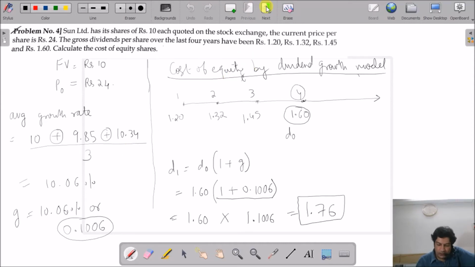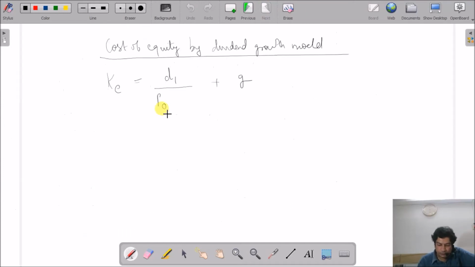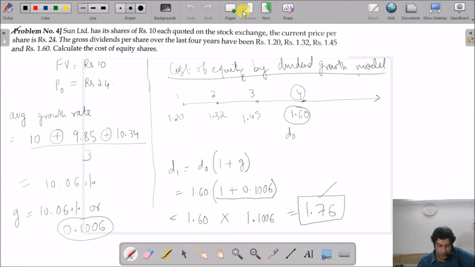So what we have is we want D1. So D1 is 1.76. Then we want the P0, that is the current market price, which is 24.